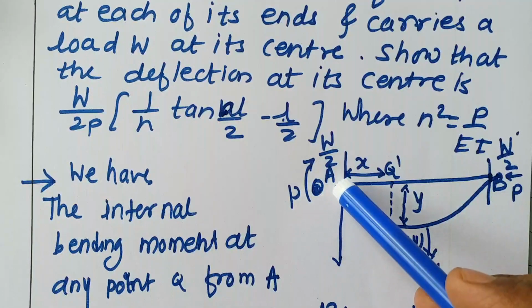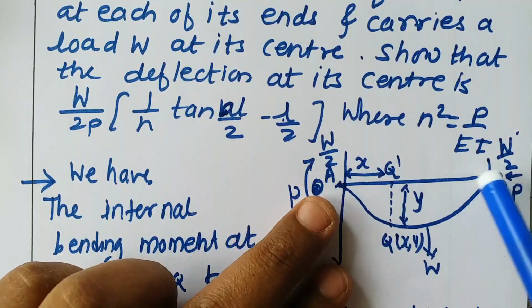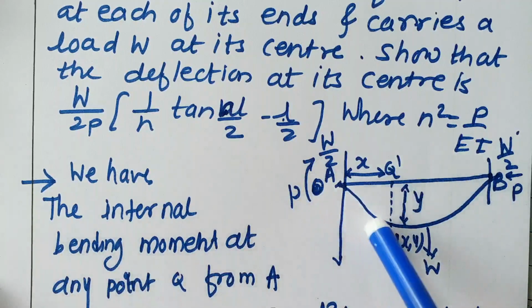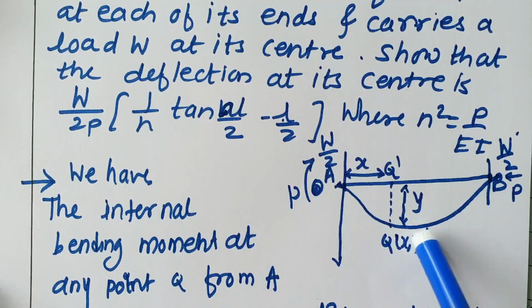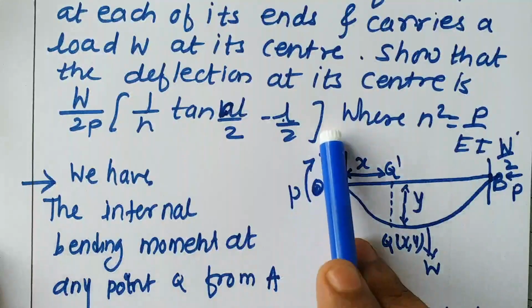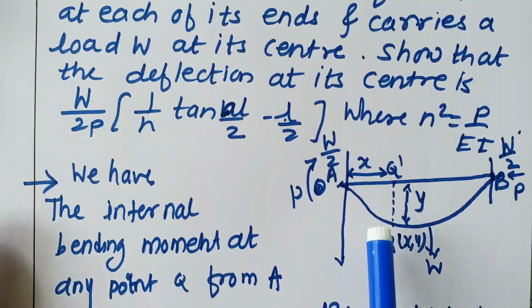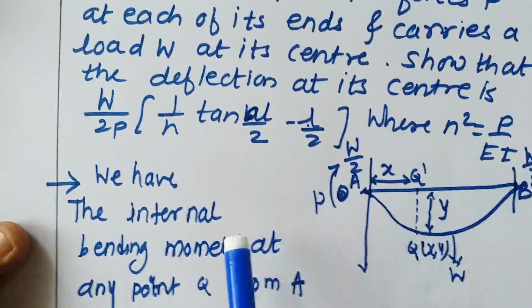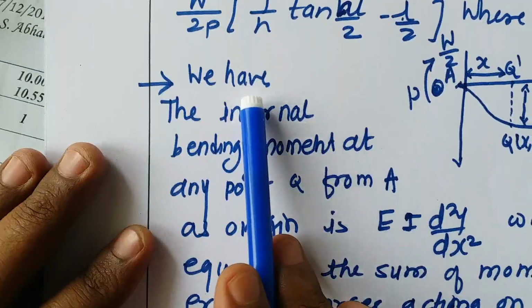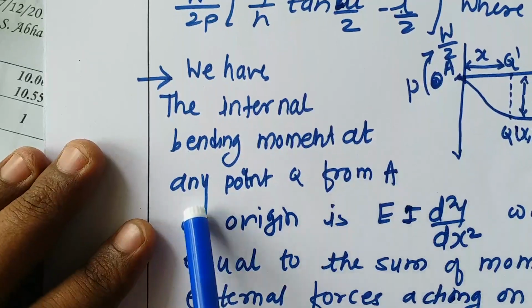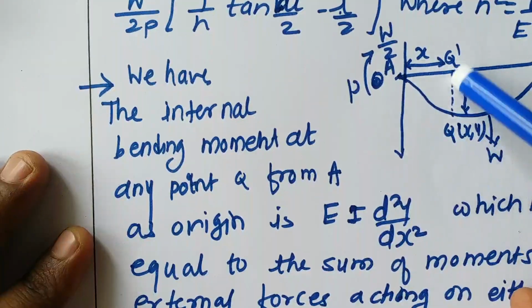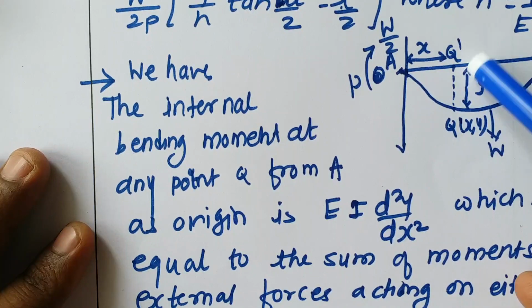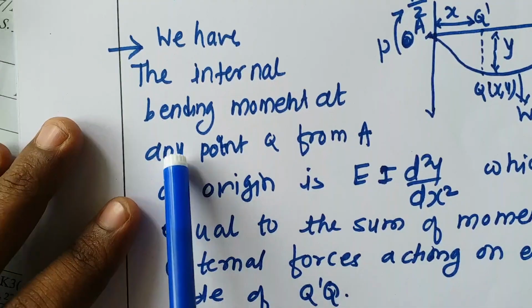At both ends, half of the weight is acting. If the total weight is W, then at both ends W by 2 will act. Now we have the internal bending moment at any point Q. We have selected one cross section Q dash of that strut.